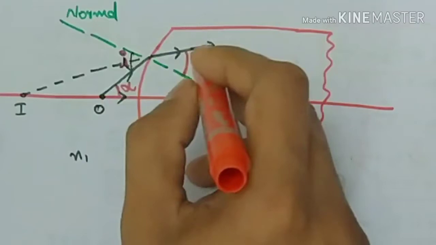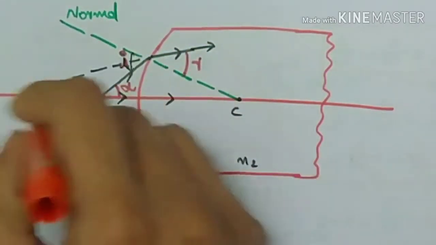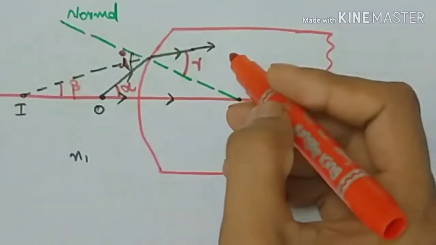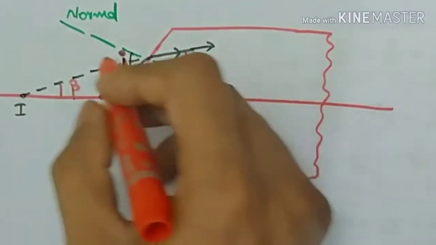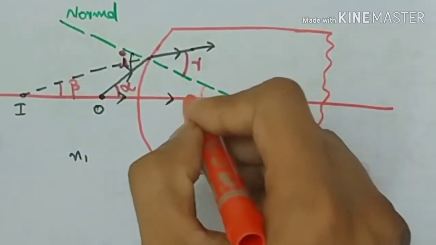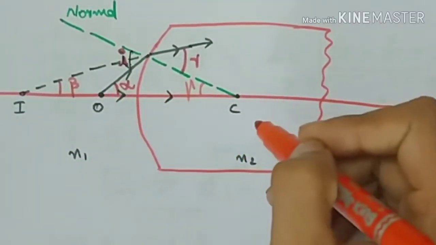The angle between the refracted ray and the principal axis is beta. The angle between the normal and the principal axis is called gamma. Alpha, beta, gamma are there.